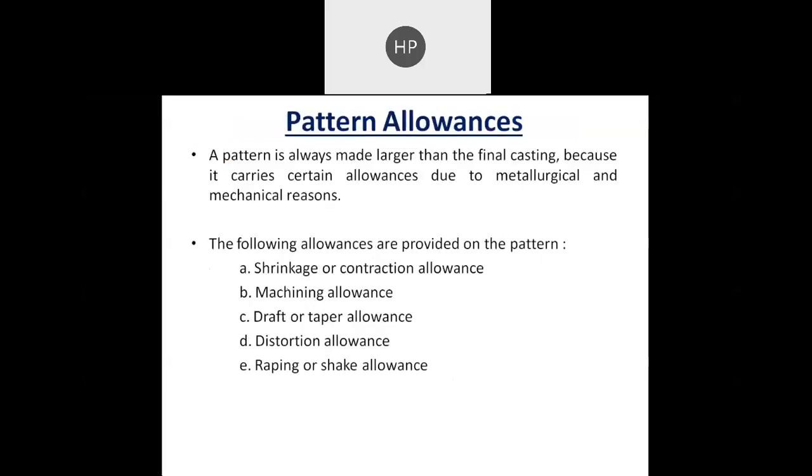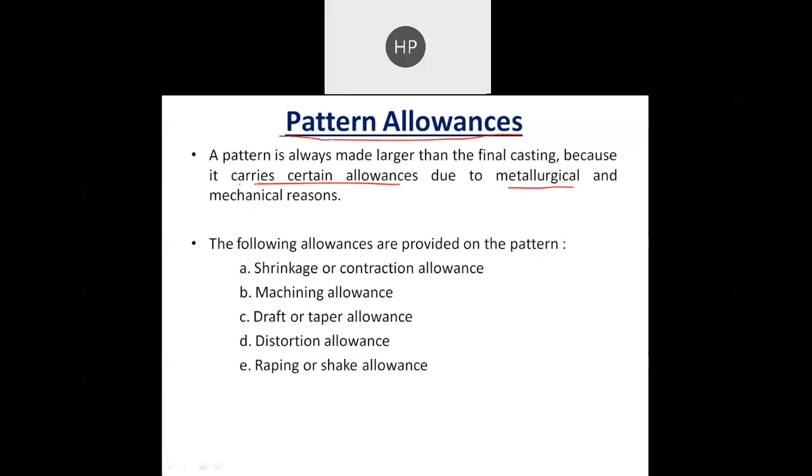And then we started our discussion on the allowances, because as we know, the pattern is slightly larger than the final casting. Okay, so why? Because it has to carry certain allowances. And why these allowances? Because of metallurgical and mechanical reasons.